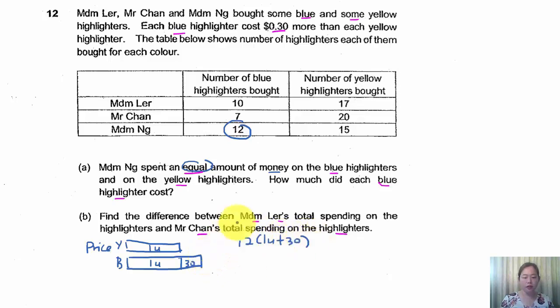And the price of the yellow highlighter will be 15 multiplied by 1 unit. And they are equal in amount.